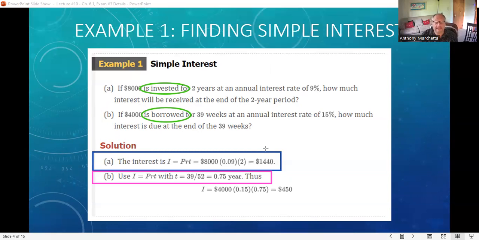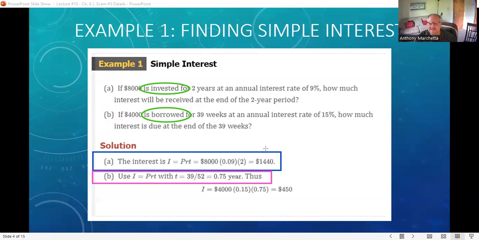If you're calling it an investment, or if you're calling it a loan, or if you're investing this money, or if you're borrowing this money, it's still the idea of money going from one hand to another with a contract of a percent and such, making interest and the rest of the story. So let's think of those two words like they're synonymous a little bit in our studies here with simple interest word problems.